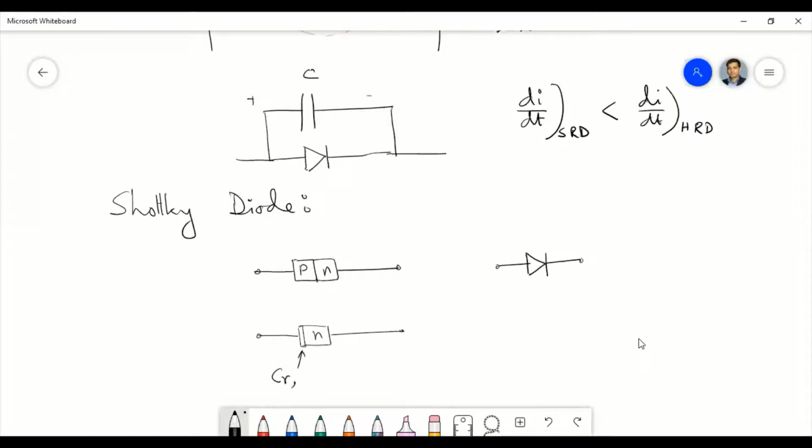So there are some materials which can be used with this N type substrate to form the Schottky diode, and the symbol also is a little different. This is the PN junction, and this is the Schottky diode.